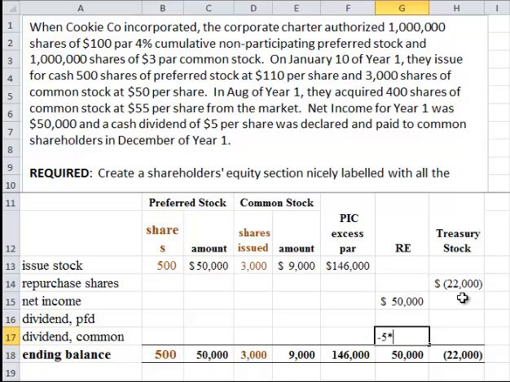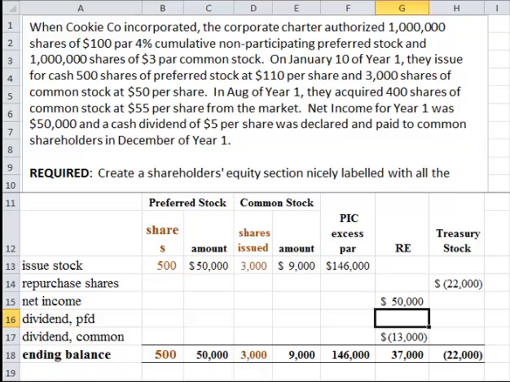And how many common shareholders did we have? You don't pay a dividend to yourself. So we would only pay dividends to the shares that were still outstanding. So issued minus treasury is outstanding shares. We have 2,600 shares outstanding. That's 3,000 minus the 400 that are sitting in treasury. So we paid 13,000 to the common shareholders, but we also must have paid the maximum to the preferred.